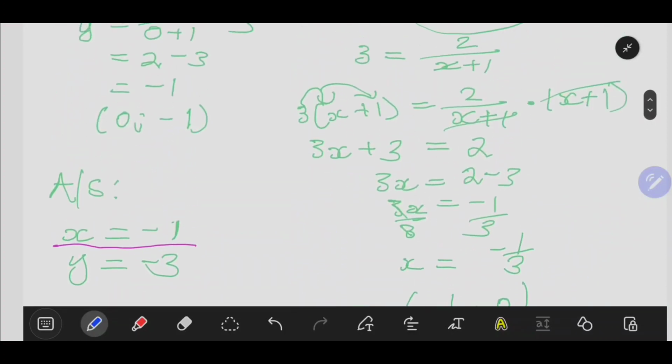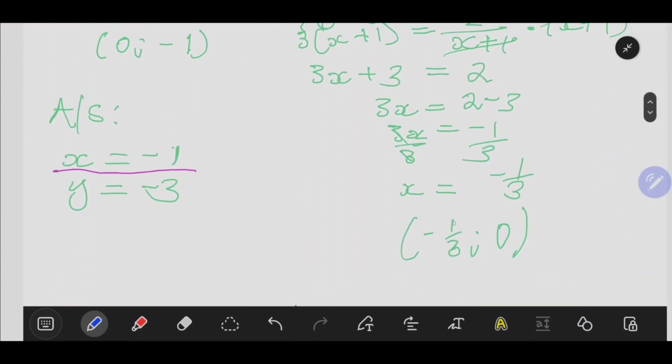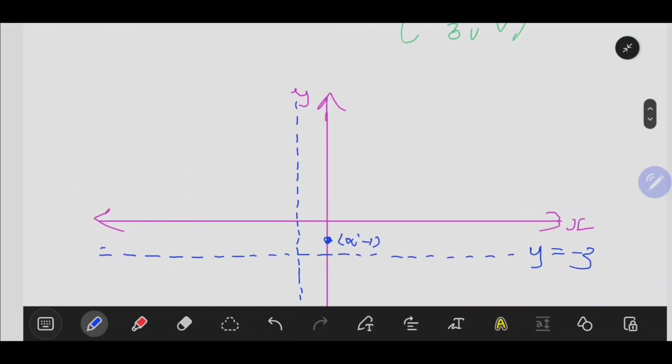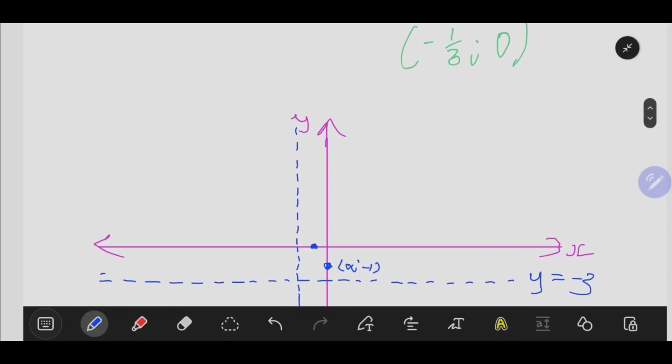Then our x-intercept, we know that for the x-intercept we're having (-1/3, 0), which is a point here, because -1/3 is -0.3, then it can be a point here.